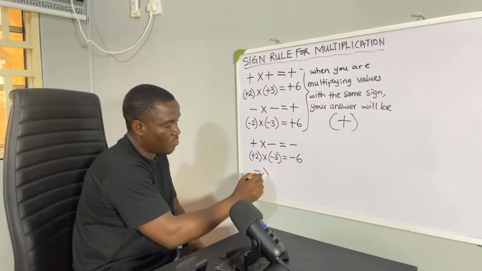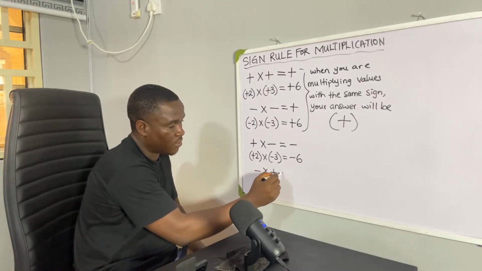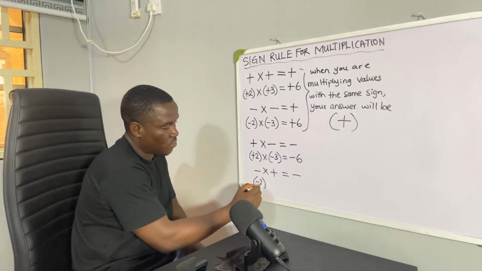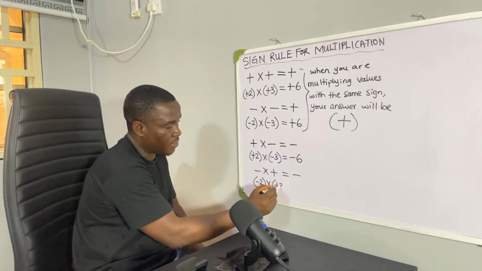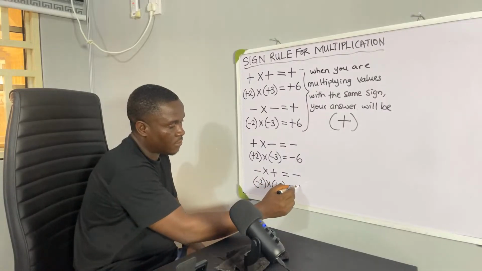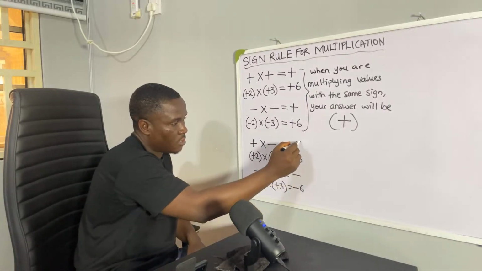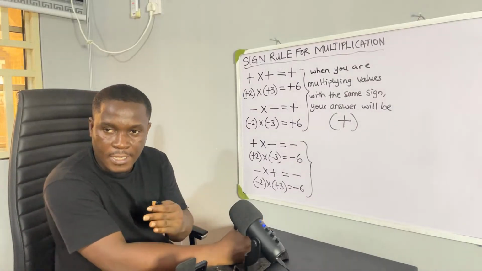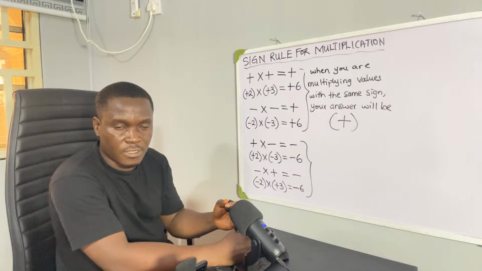Also, negative multiplied by positive still gives me negative. Negative 2 multiplied by positive 3 gives me negative 6. Summary, when you're multiplying values with different signs, your answer will be negative.